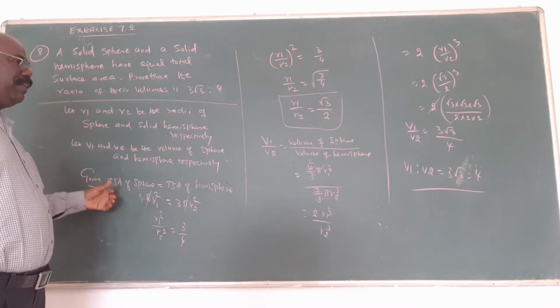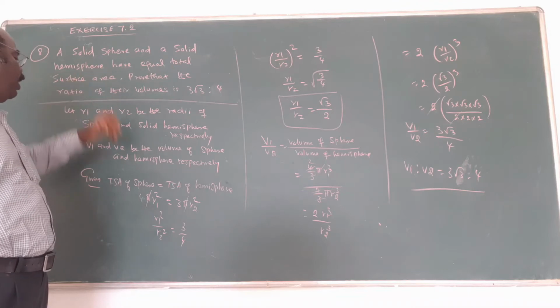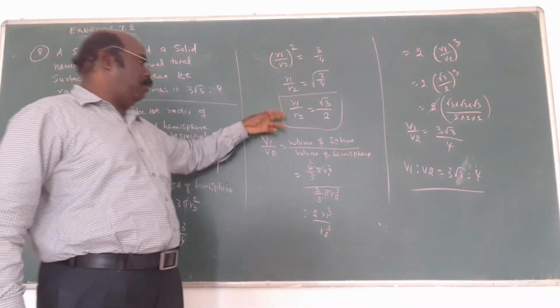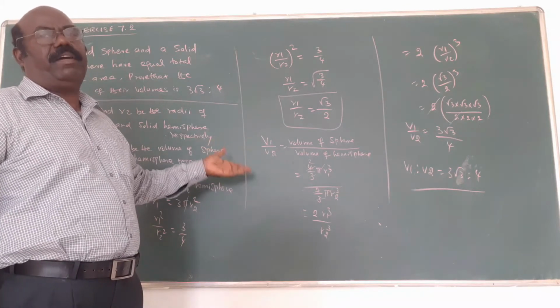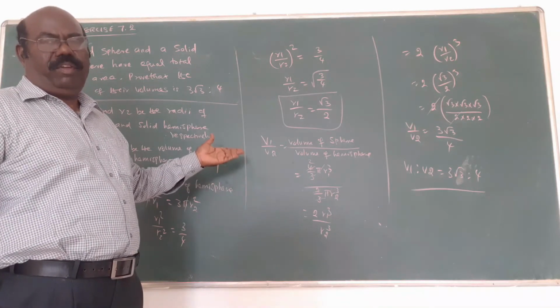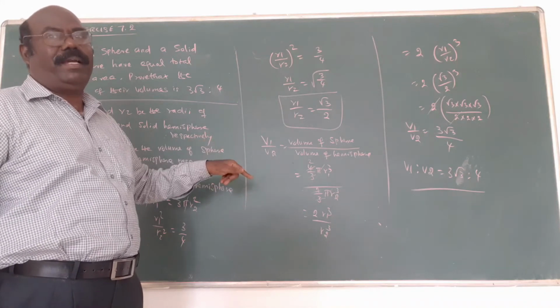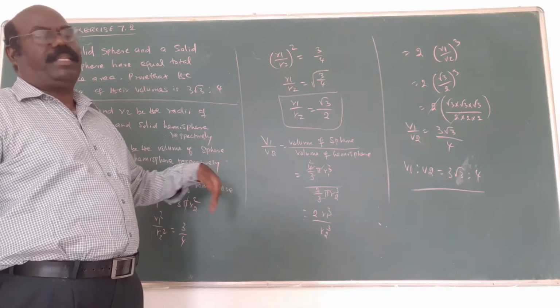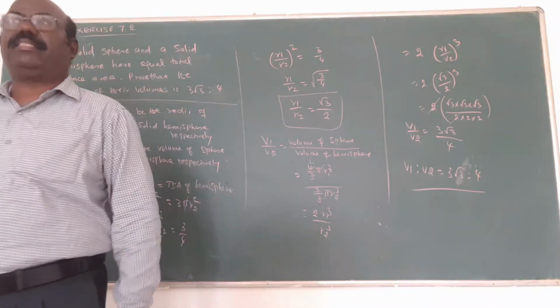Anyway, by using the given data, the total surface areas are equal, and from that you find R1 by R2. Now the ratio of the volumes is asked. Write the formula for V1 by V2. V1 is volume of sphere, V2 is volume of the hemisphere. By using the formula, after simplifying, you get the answer 3 root 3 is to 4. That is the answer.